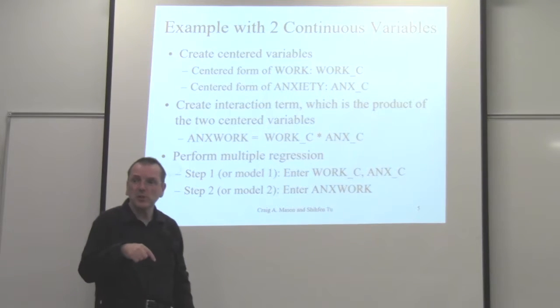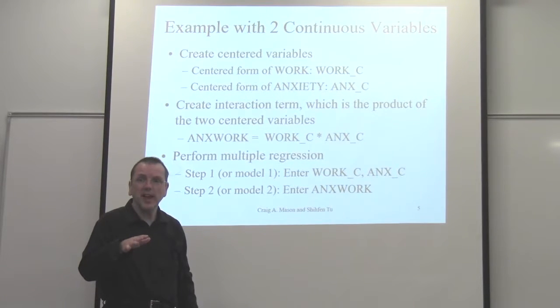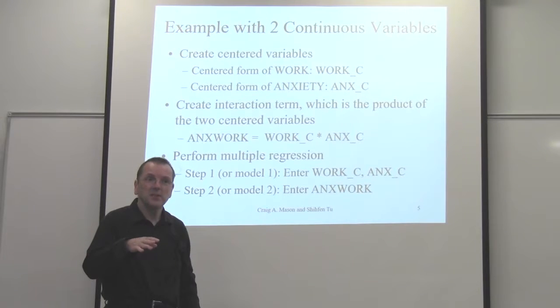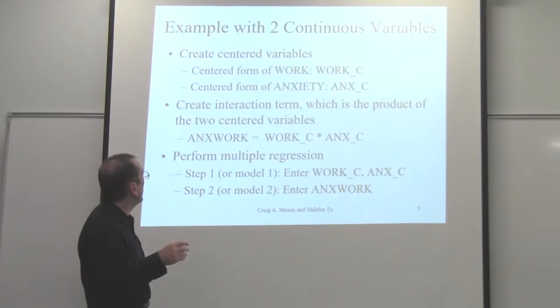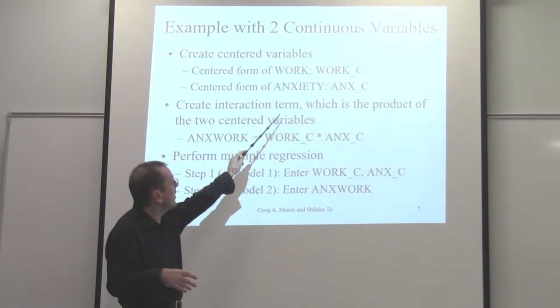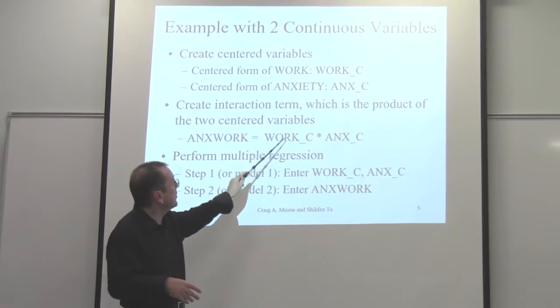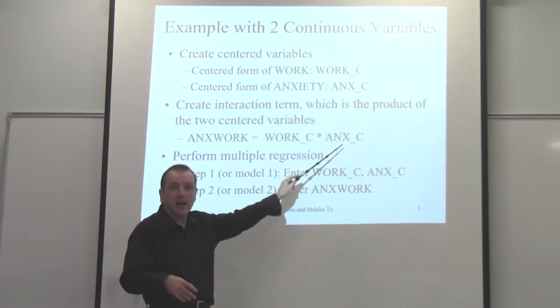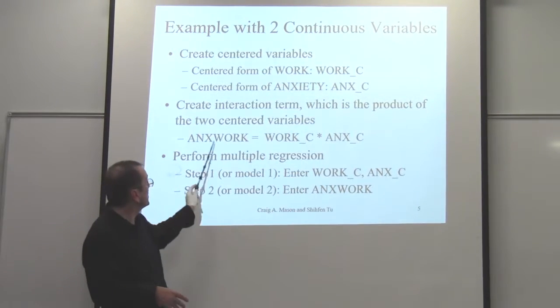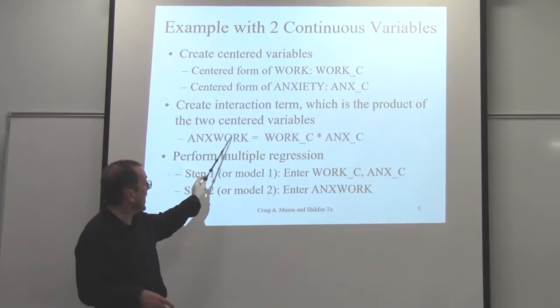Always save the original variables, just in case. Don't just overwrite your old variables. We create our interaction term by multiplying work centered by anxiety centered, and I'm calling it angst work.